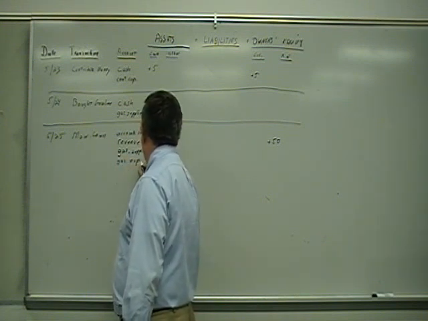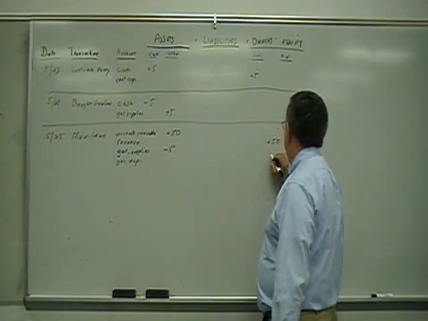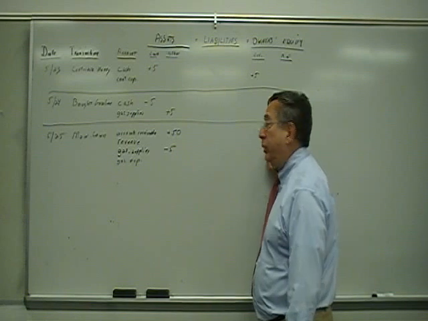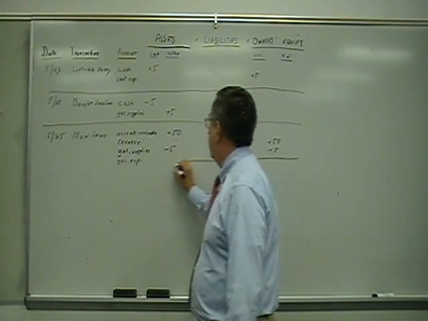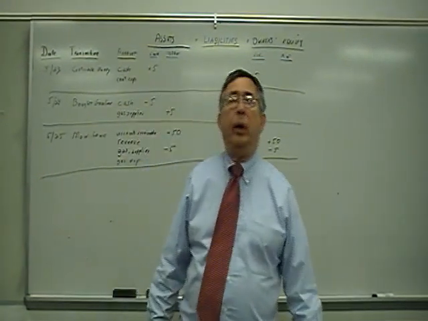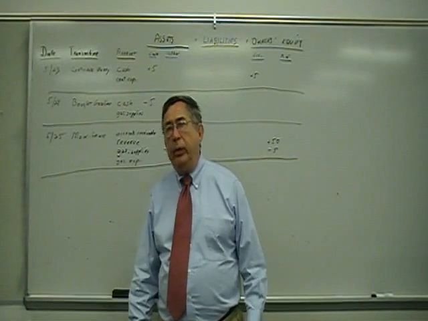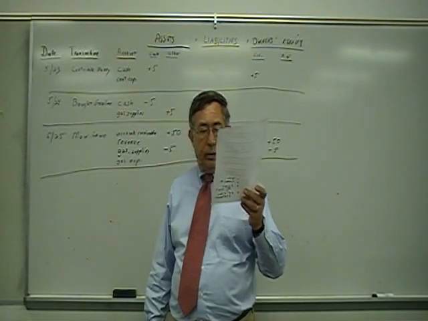And gasoline expense is a retained earnings account, and now we know an expense always goes into retained earnings as a negative, so we have negative $5. And we are finished with May 25th. We mowed the lawn, we earned the revenue of $50, we incurred the expense of $5.